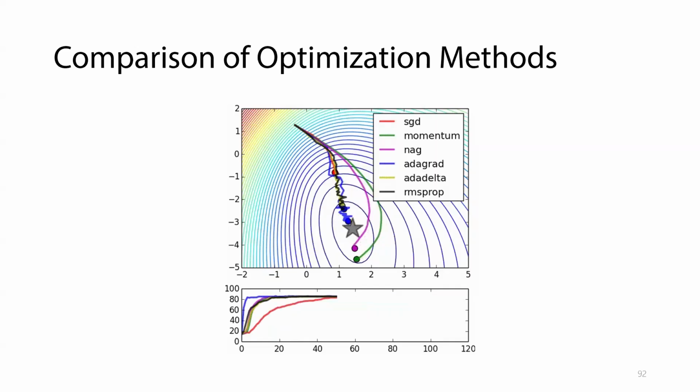Then the green one is called momentum, and the purple one is what's called Nesterov accelerated gradient, which is basically the same thing as momentum. So the green and purple are the same family, and because of the momentum, you can see that it sort of overshoots, but then it quickly backs up and converges to the final solution.